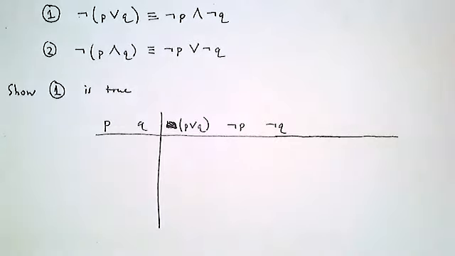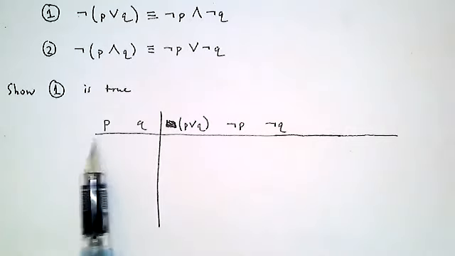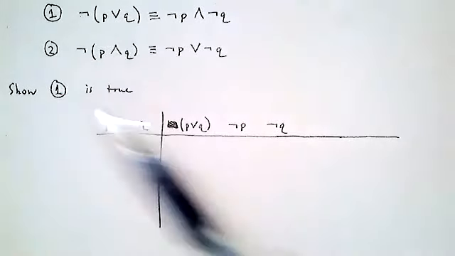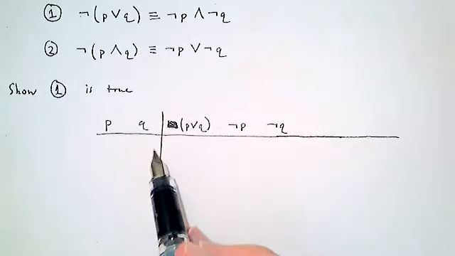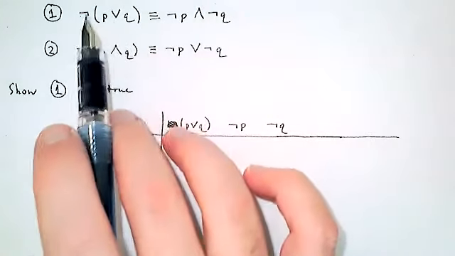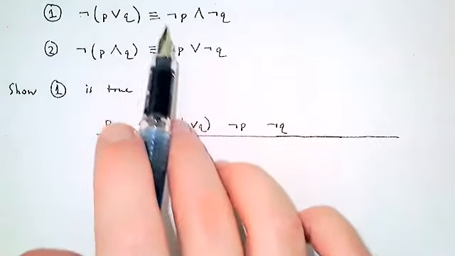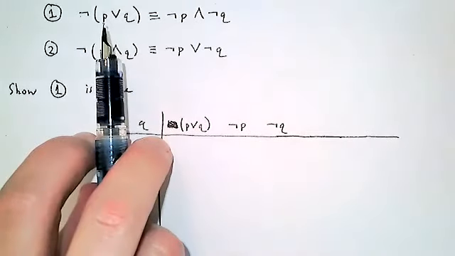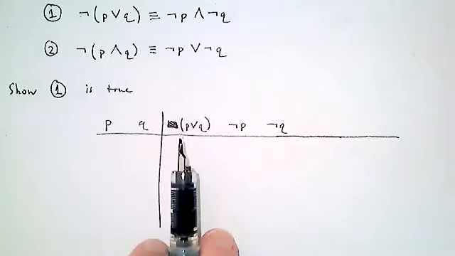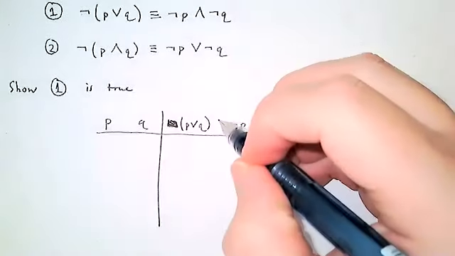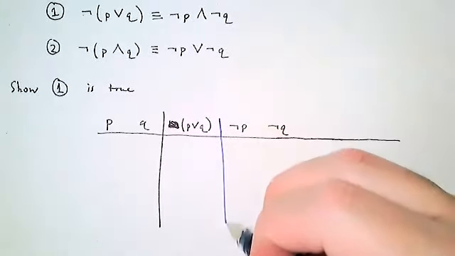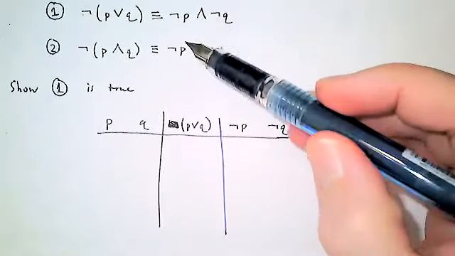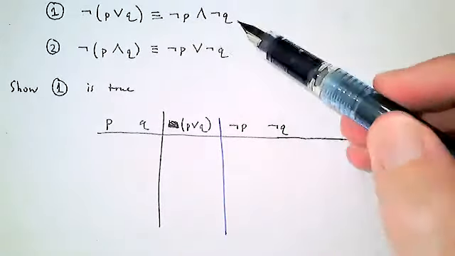Okay, so we start building our truth table, and I already started mine. So we have two simple propositions, P and Q, and then we need to build up these other propositions from the simple ones. So I looked inside of the parentheses, and we have a P or Q, so I'll make that my first column. And then on the right half, we have a couple building blocks.